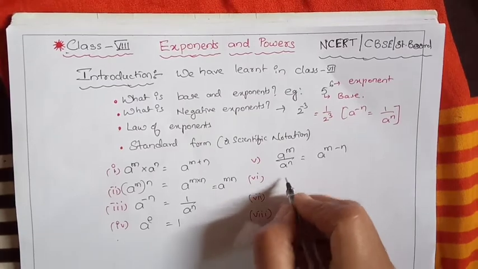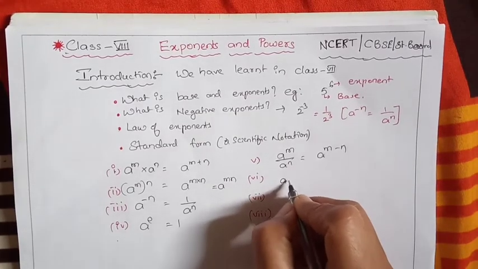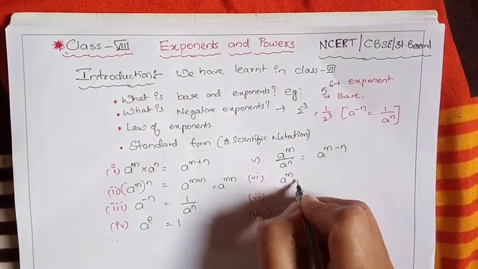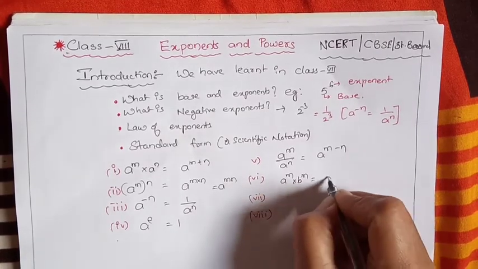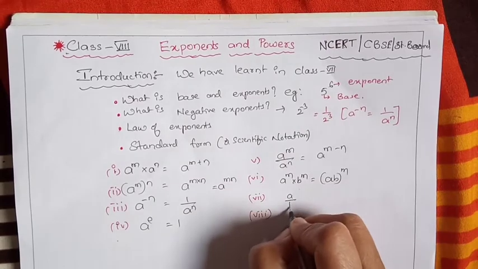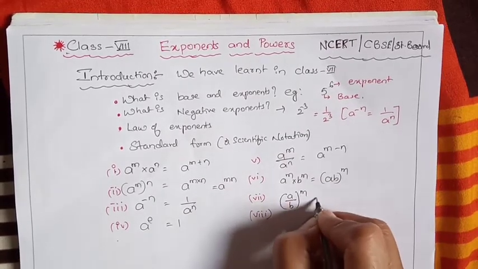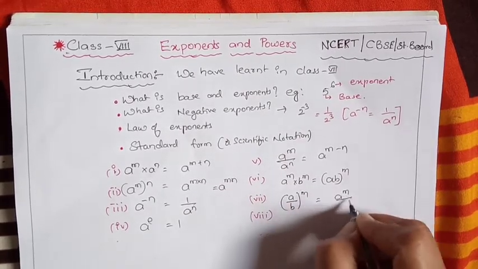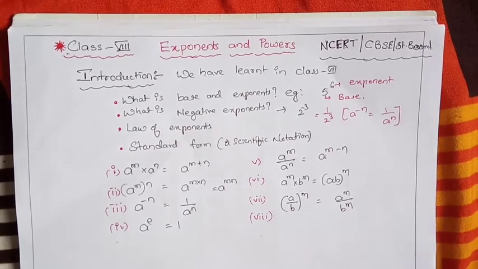And sixth one is, a to the power m into b to the power m is ab whole to the power m. And one more formula, a by b whole to the power m is a to the power m by b to the power m.